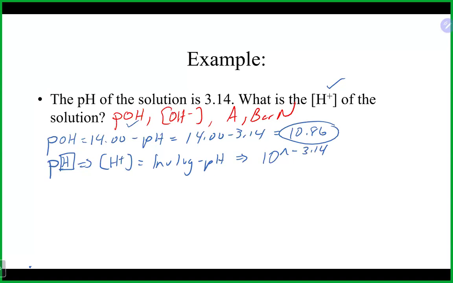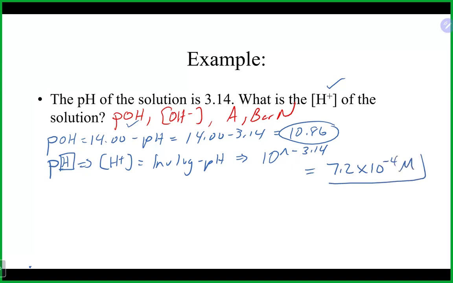So once again, to punch that in on the non-display, you're going to start with the 3.14, make it negative, and then hit the second and log button. And you should end up with a number like 7.2 times 10 to the negative 4.